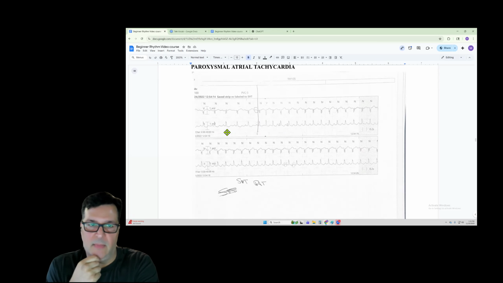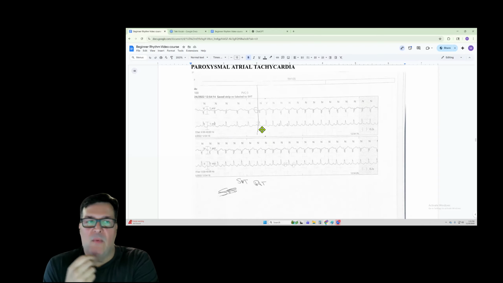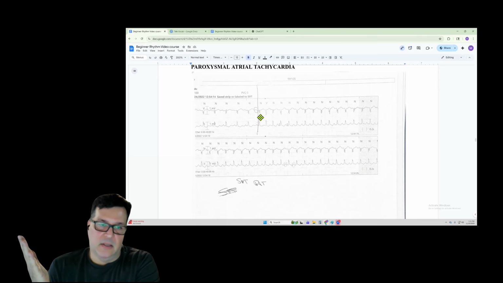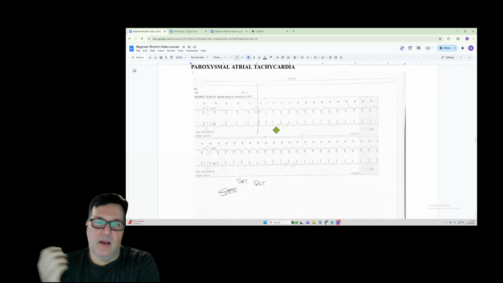It's hard to see the different morphology, but that sudden onset tells you this is an SVT. Sinus tach gets fast gradually, like 90, 95, 110, 150, whereas SVT is literally this right here to this right here.